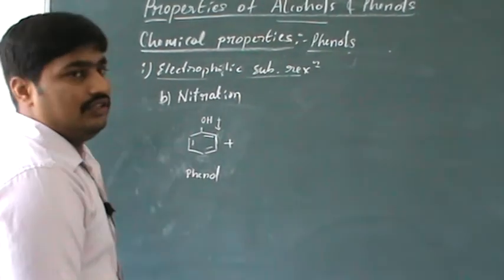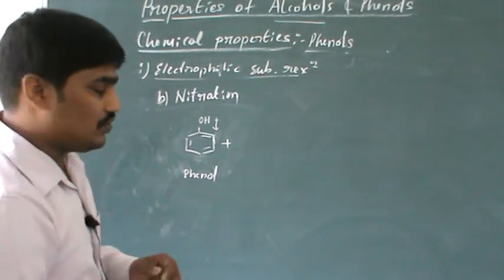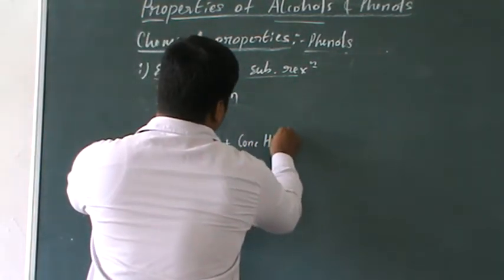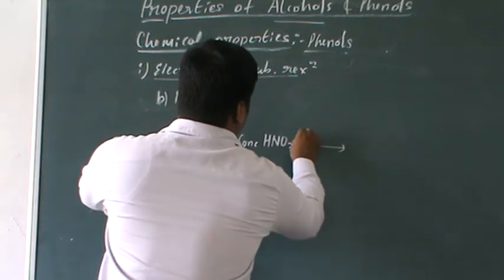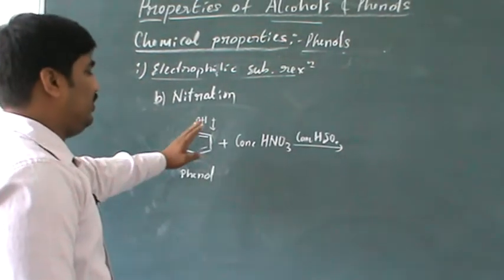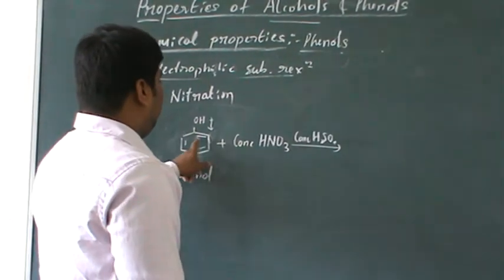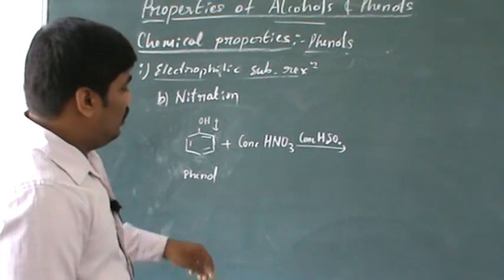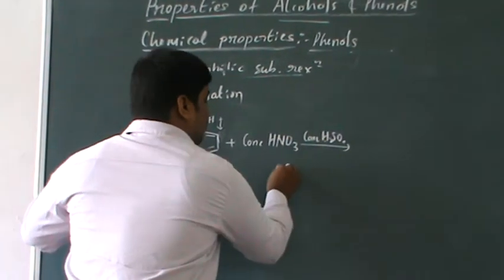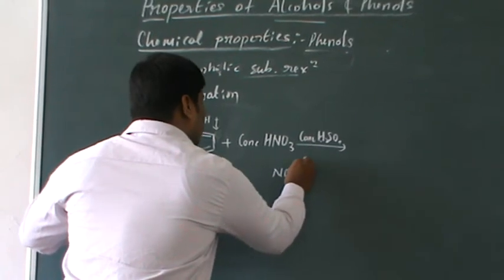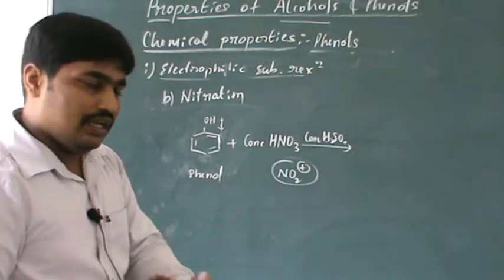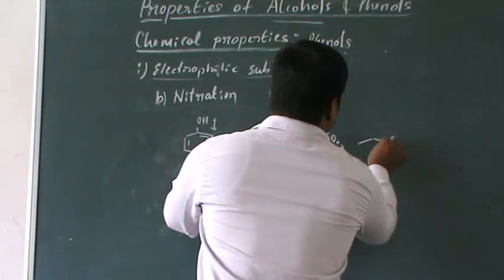For the nitration, we need concentrated nitric acid, HNO3, and concentrated sulfuric acid, H2SO4. Please remember this very important thing: when phenol is subjected to nitration, what is the electrophile generated from nitric acid and sulfuric acid? It is NO2 plus, the nitronium ion. The nitronium ion is the incoming electrophile and attacks on the ring.